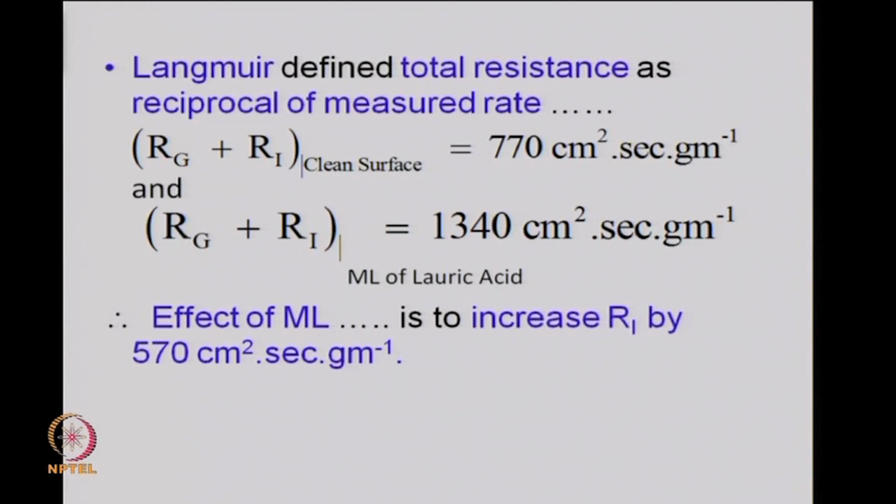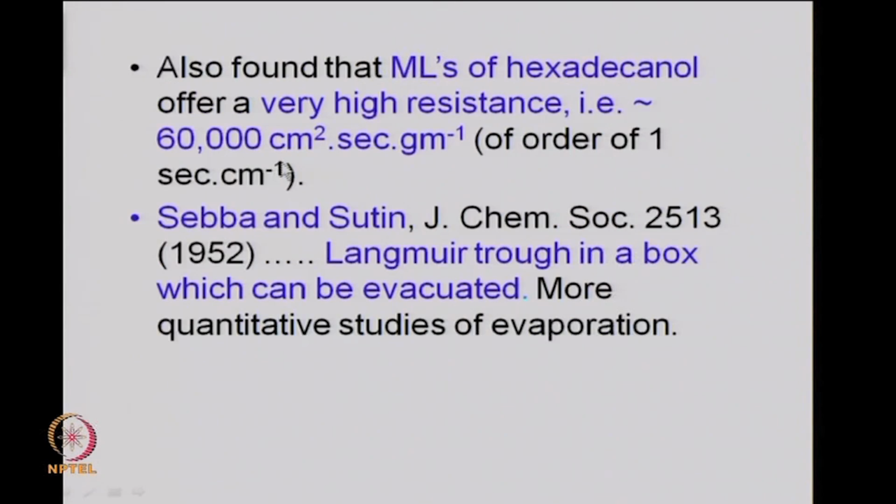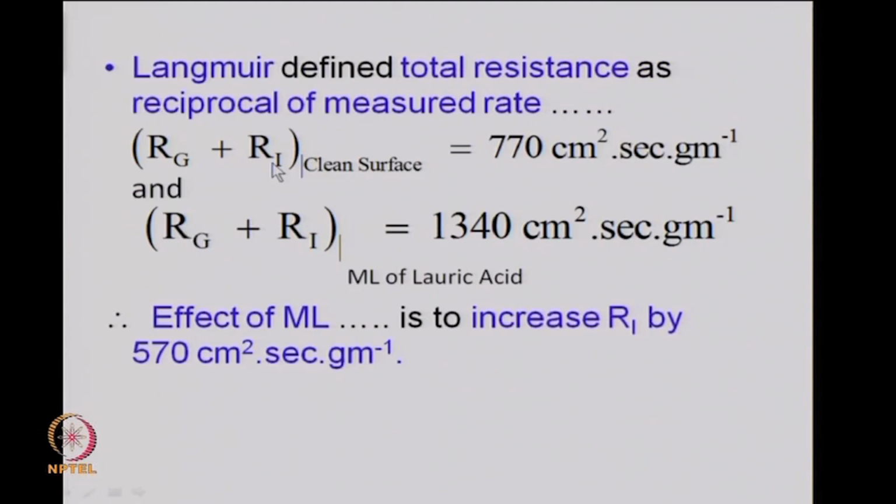Here we look at a slightly different way of measuring resistance, as proposed by Langmuir. Langmuir suggested that the total resistance could be defined as the reciprocal of the measured rate. The measured rate is in grams per second per centimeter square, and that reciprocal would be, for clean surfaces with RL 0, Rg plus Ri, about 770 centimeter square second per gram.